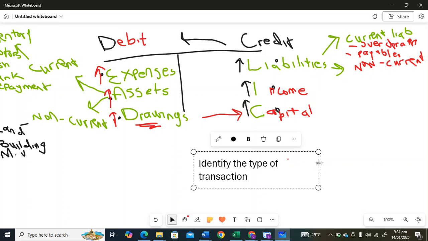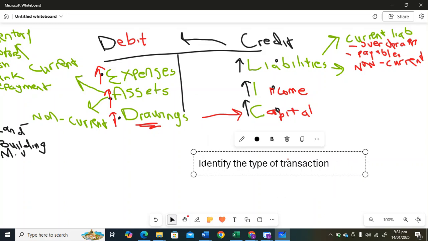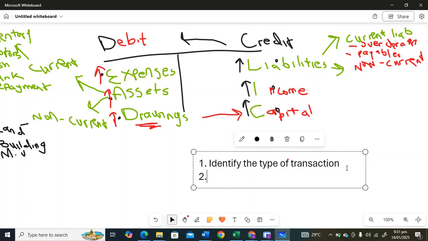Identify the type of transaction. Number two, identify the accounts involved. Are they asset accounts? Are they liability accounts? Are they expense accounts? Is the drawings account involved? Identify the accounts involved.